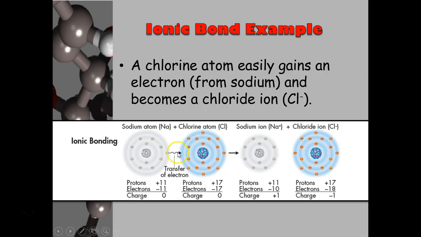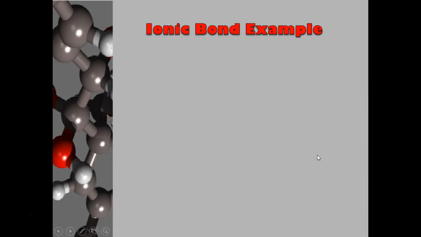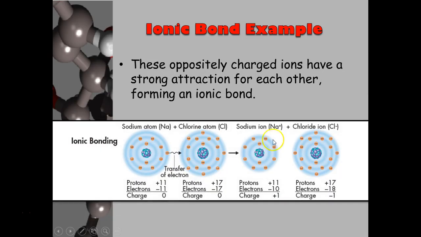So that sodium then transfers that 1 electron to that chlorine atom. Well, now that chlorine has 8 in its valence shell, it's happy, it's stable. The sodium's happy, it's stable. And now that I've got that sodium plus that chlorine, those two opposite charges are going to hold these guys together into our sodium chloride compound because those opposite charges attract each other.